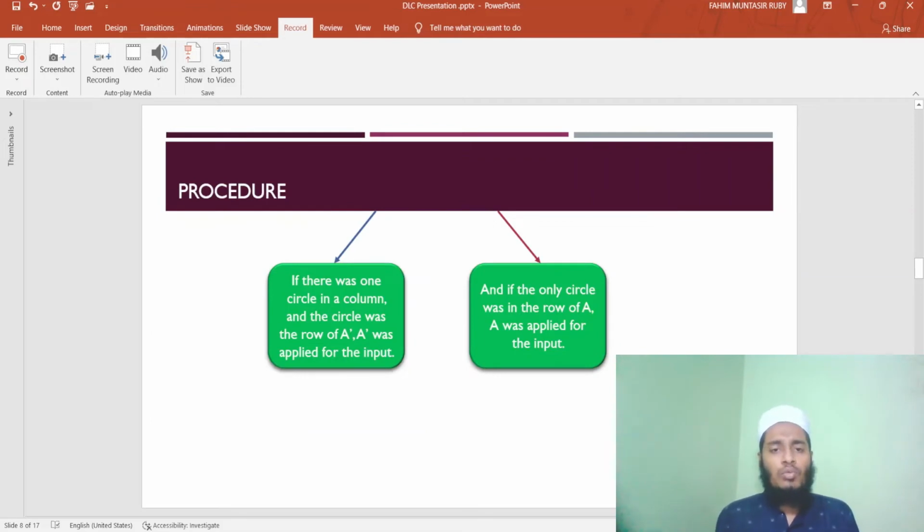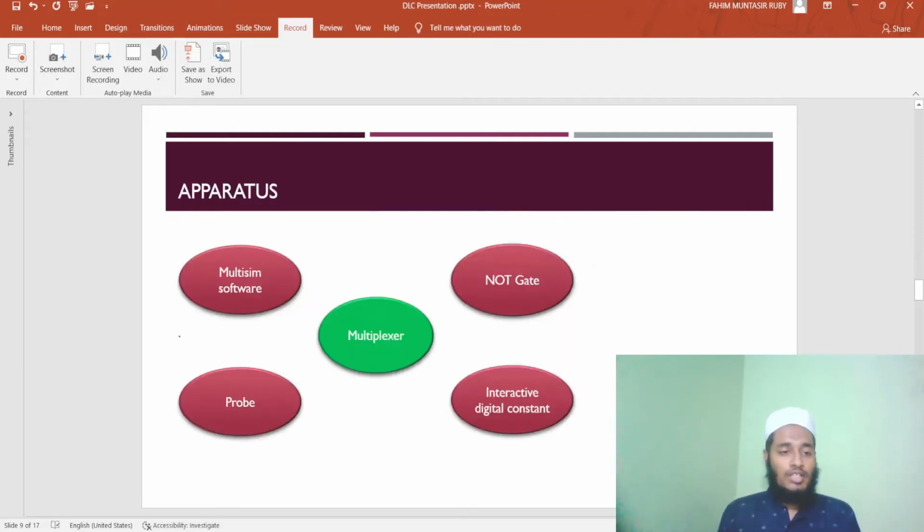If there was one circle in a column and the circle was in the row of A', then A' was applied for the input, and if the only circle was in the row of A, then A was applied for the input. In this project, we used the following apparatus.